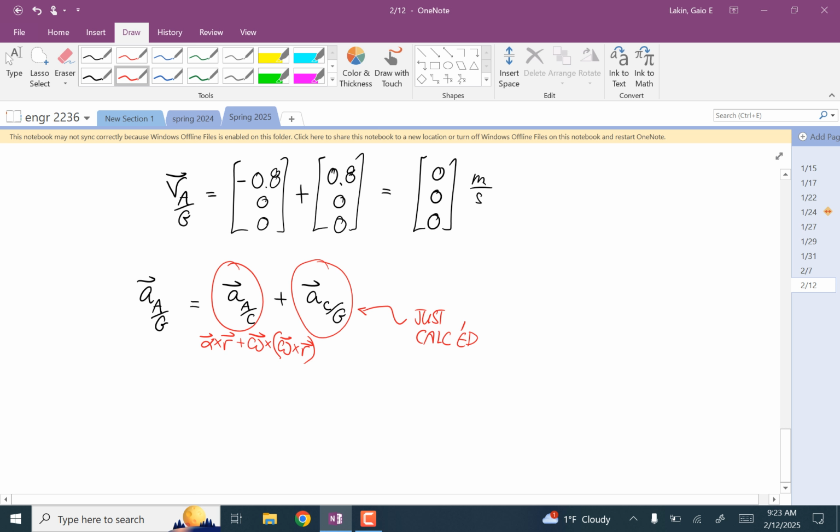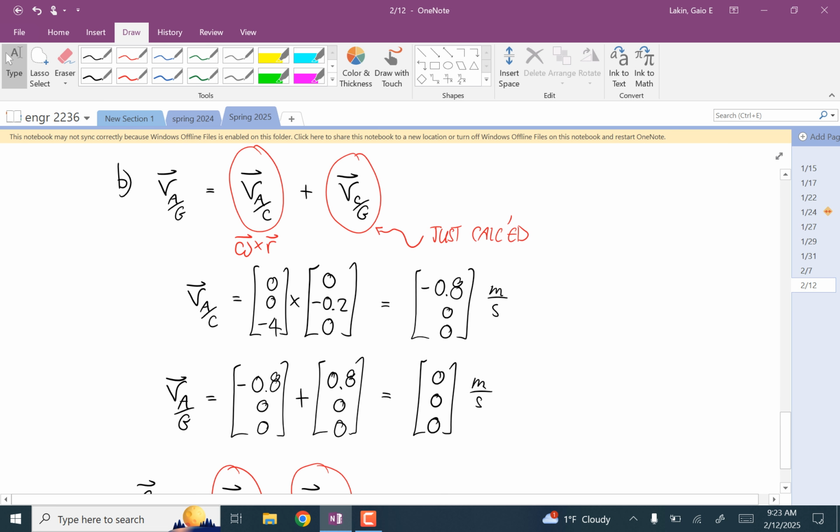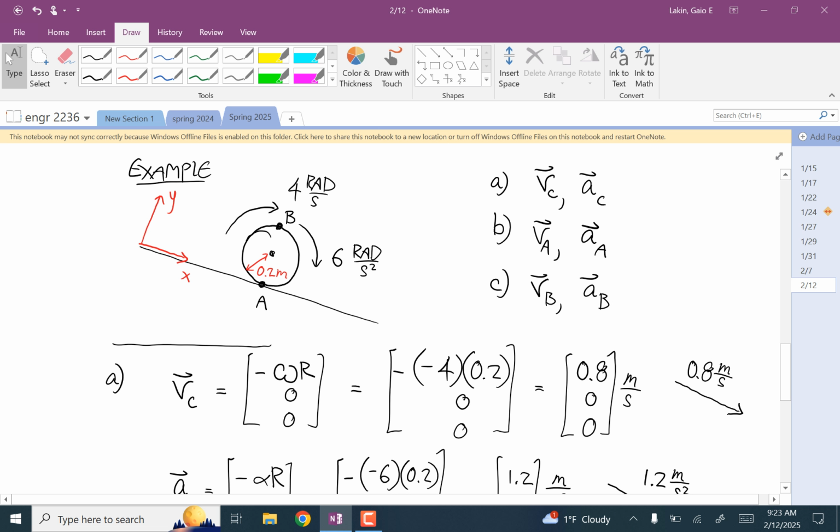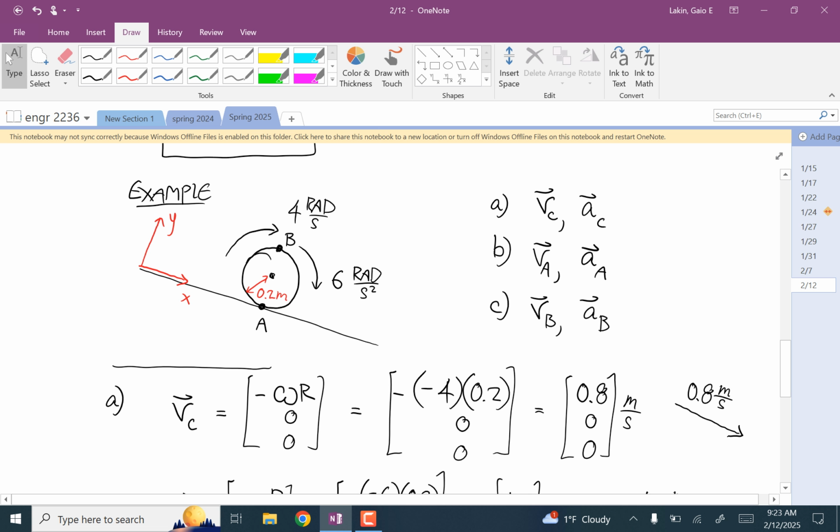I'm overthinking this. You're saying that the center's fixed, but technically the whole thing is moving. That's just what you can think of whenever you're doing relative motion, okay? If the second subscript in your relative motion, you can always think of that thing as fixed, when you're calculating that particular piece of the relative motion.